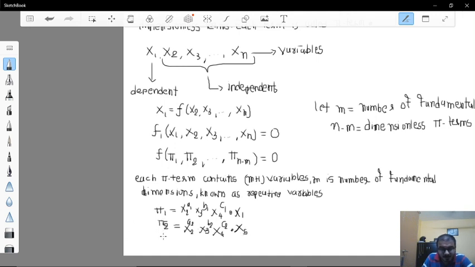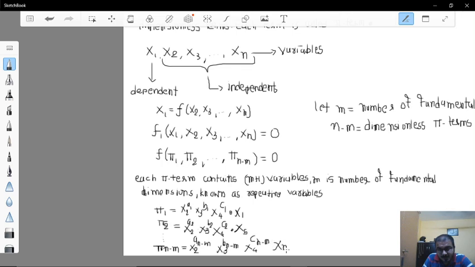And up to we can go till pi n minus m, which is equal to x2 raised to a subscript n minus m, x3 raised to b n minus m, x4 raised to c n minus m, xn.